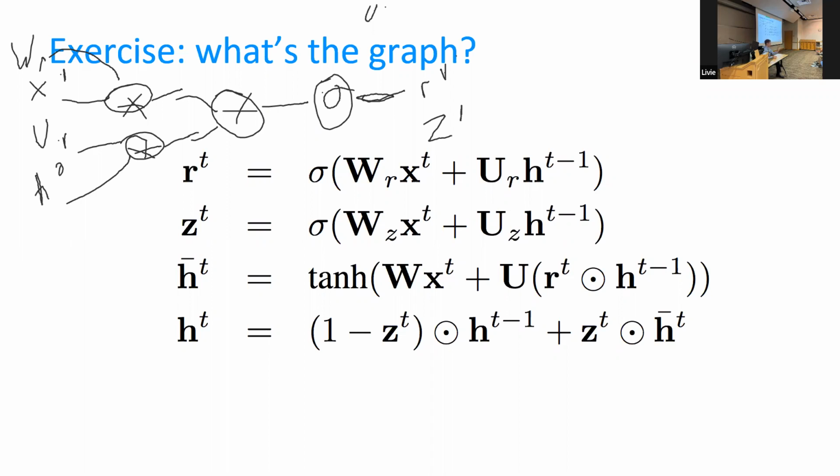R and Z do not indicate rows of W. They indicate different W matrices. One that pertains to R, one that pertains to Z, and now we have one without a subscript. So we're going to make an entirely different variable for that. Okay, yeah, so we have H0, we have U, W. What else do we need? X1, okay, we got that.